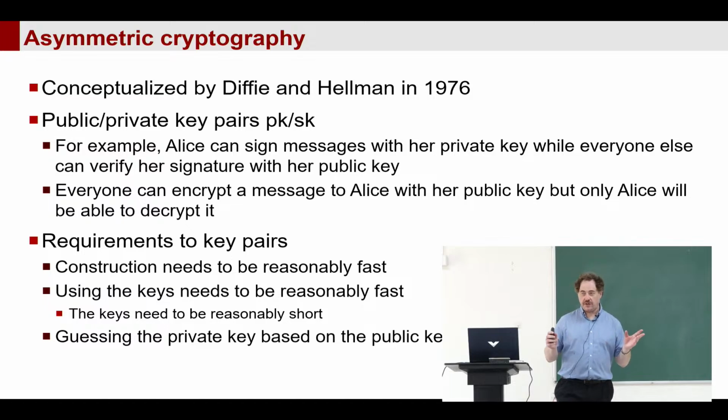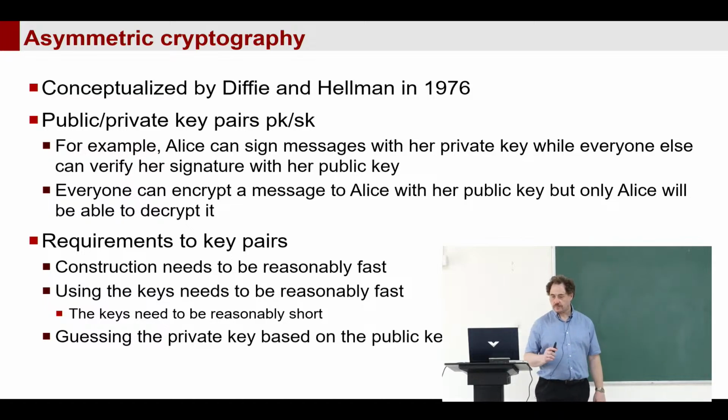So of course, the shorter the key, the faster it is, but it's less secure with the shorter key. It's easier to guess the key if the key is short. So there is a trade-off in terms of the key length. And of course, the other requirement is that guessing the private key based on the public key needs to be hard.